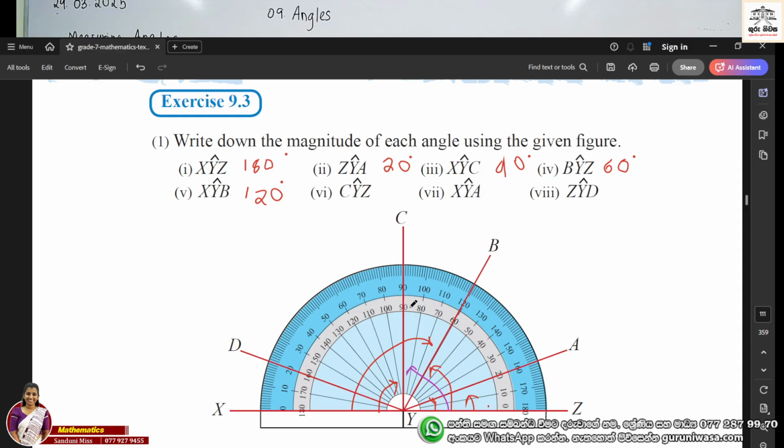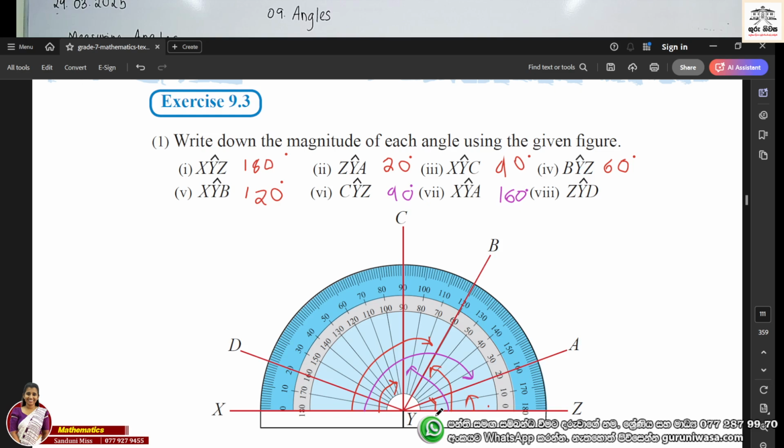You have to get the inner scale, which is 90. XYA. XYA is which angle? This angle. We are coming from this side. So therefore, you have to get the outer scale, which is equal to 160 degrees.